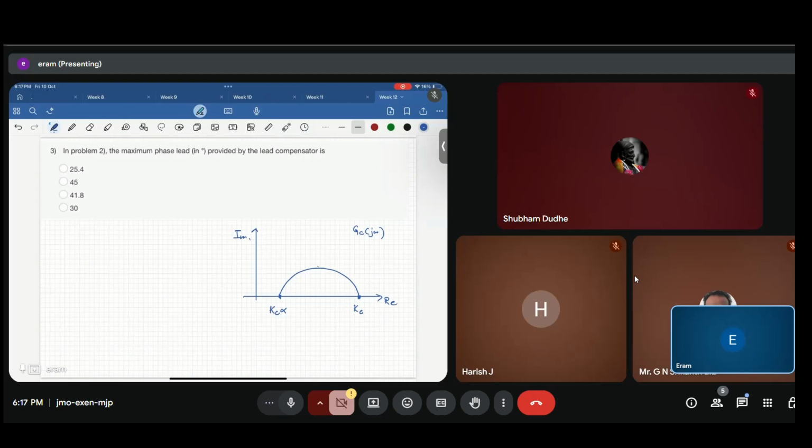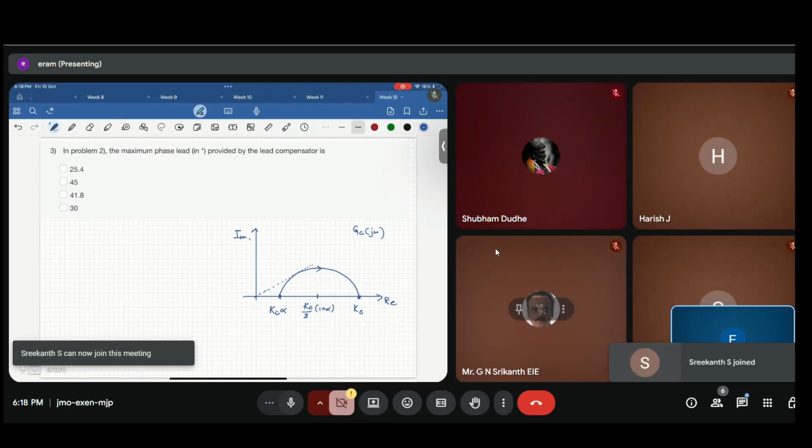Okay, and here we have center at Kc by 2 (1 plus alpha). Now what will be the maximum phase? Maximum phase will be the tangent to the locus from the origin. So this we have already done in the previous session also, how to calculate the maximum phase from the polar plot. So this will give you phi m.